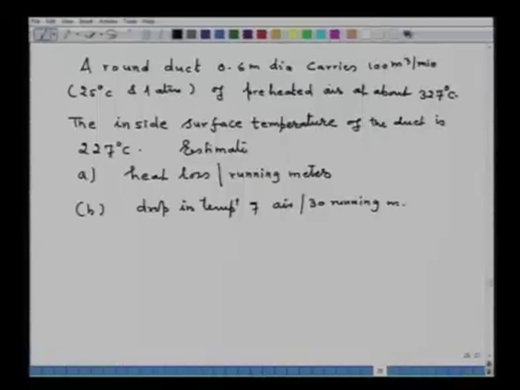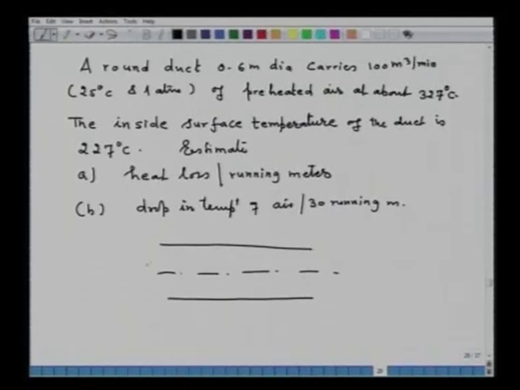The gas is flowing in a duct. It has certain velocity because its diameter is given as 0.6 meter. The gas is flowing at the rate of 100 meter cube per minute. So, if I want to represent the problem, this is the duct and it is carrying 100 meter cube per minute of gas at a temperature of 327 degrees Celsius.